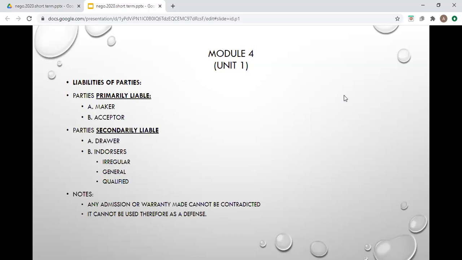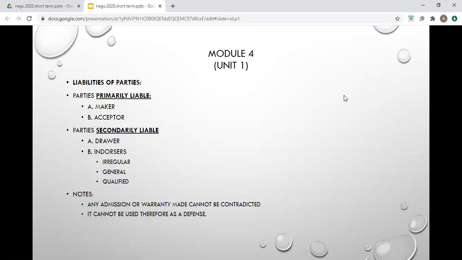You might wonder what is so important about being primarily liable and being secondarily liable. Well, it means that if you are a person primarily liable, your liability is already automatic. Take, for example, the case of a maker. The moment you have issued your promissory note, your liability in that instrument has been created.